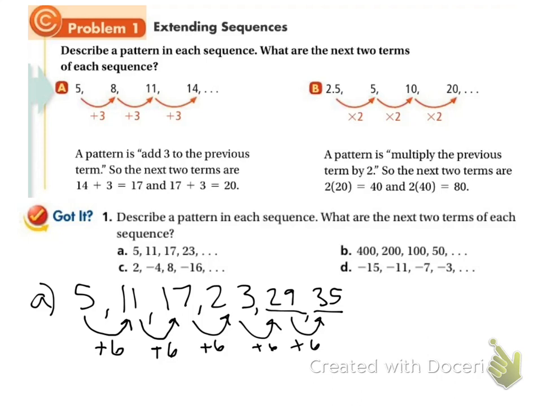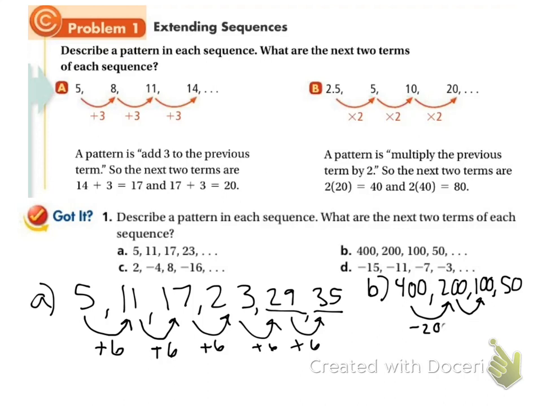And then let's try B. 400, 200, 100, 50. So let's say I'm looking at this and I go, oh, from 400 to 200, that's subtracting 200. And then from 200 to 100, that's subtracting 100. No deal. It has to be the same each time.